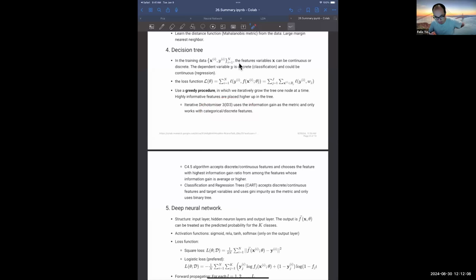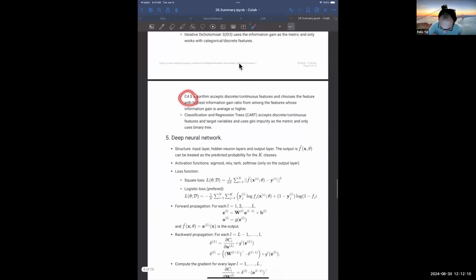C4.5 can accept discrete and continuous features, but instead of the highest information gain, it works with the highest information gain ratio from the features whose information gain is average or higher. So this is more complicated.